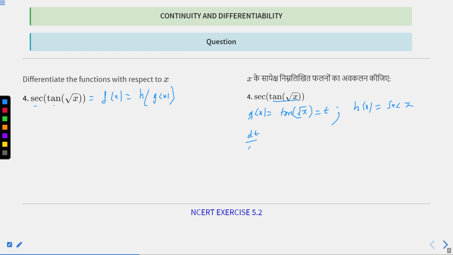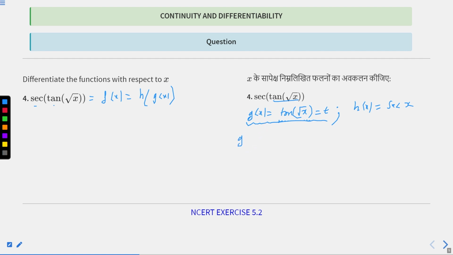I want to find this thing, but I cannot find it directly, as I again have to use my chain rule. So how can I use it? Very simple.